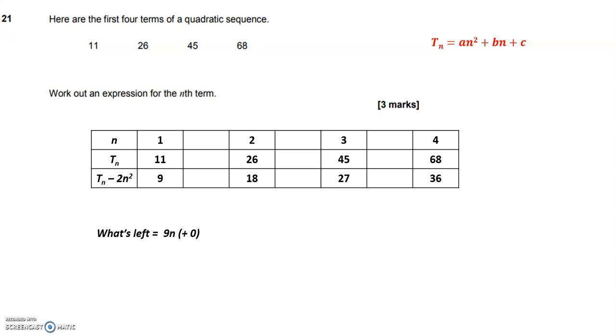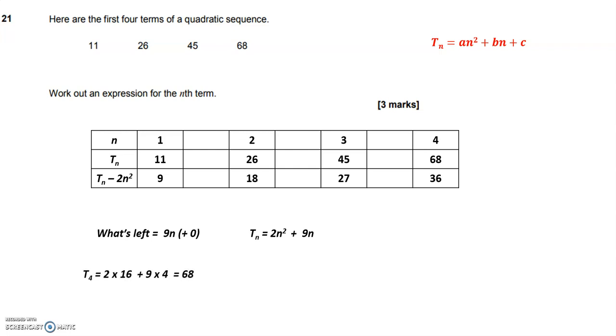It's going 36, 27, 18, 9 as I read from right to left, and the 0th term will be 0. That's why I've written 9n plus 0 in brackets. Don't write that down for the examiner. They won't like it. That's just 9n. Okay, so the overall formula is that Tn is 2n squared plus 9n.